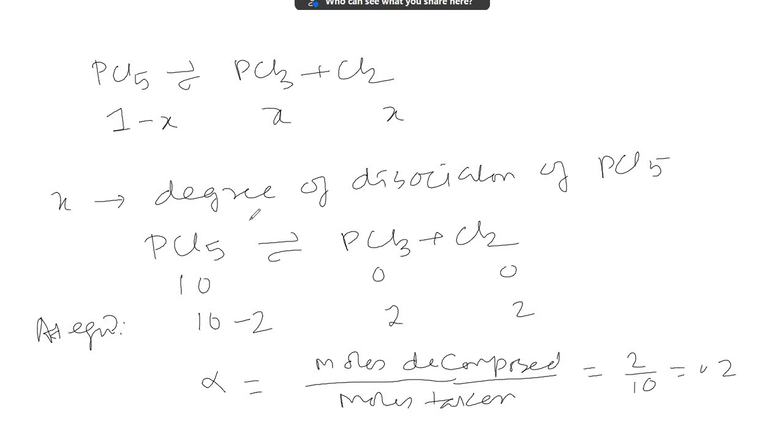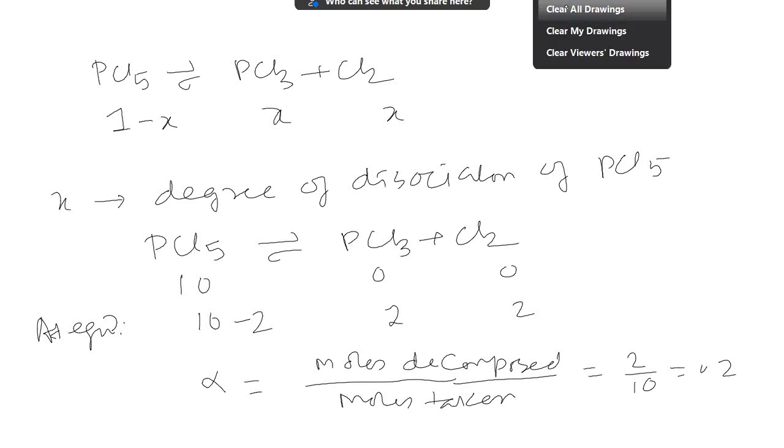Now I will tell you how we can express the equilibrium constant in terms of degree of dissociation. Let us look at this reaction. Degree of dissociation means out of 1 mole, moles decomposed at equilibrium. Suppose you have taken 1 mole of nitrogen and 3 moles of hydrogen, and ammonia was 0.